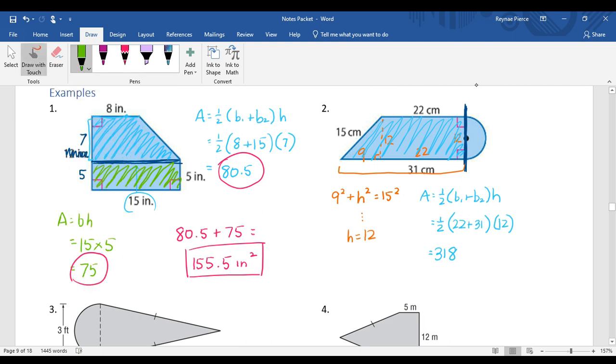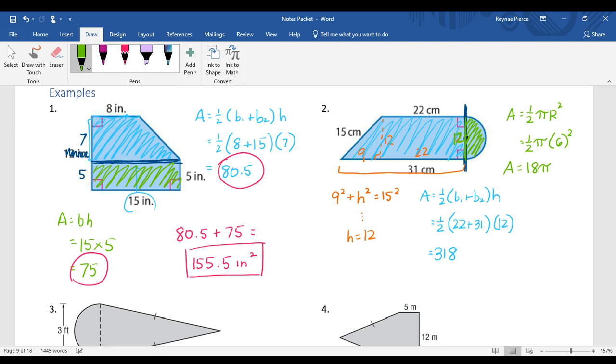For the semicircle over here, I'm just going to take half times the area of a circle, so half pi r squared. We said that the diameter of this was 12, which means the radius is 6. 6 squared is 36, and half of 36 is 18.